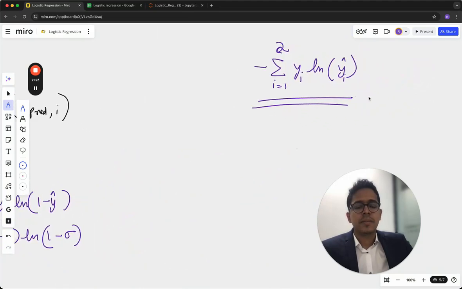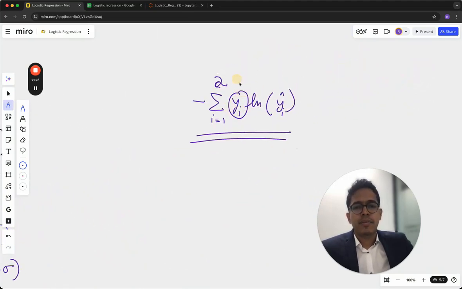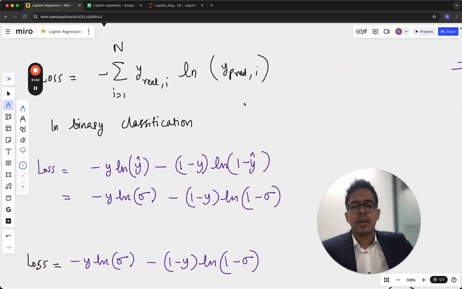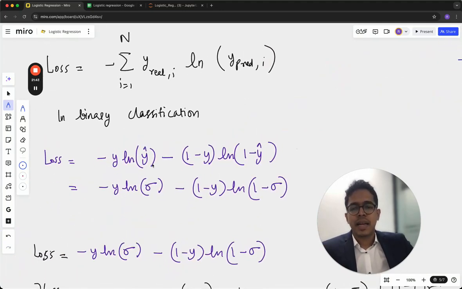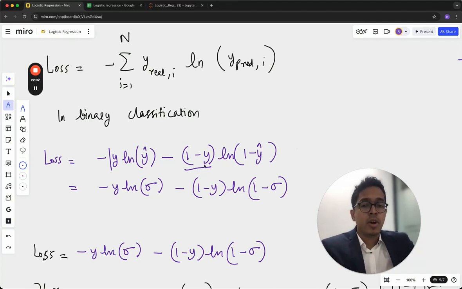So you have two classes. If y is the probability for something to be in class 0, then the probability for the same thing to be in class 1 will be 1 minus y. So here it's very easy to write an expanded version. The expanded version will be minus y times ln, or natural logarithm, of y cap, and then 1 minus y, which is the probability for the data point to be in the opposite class.